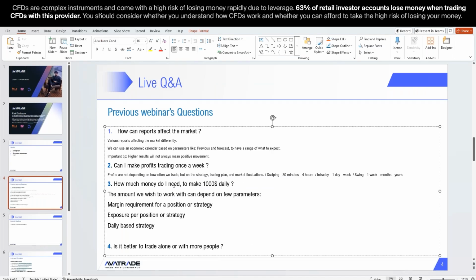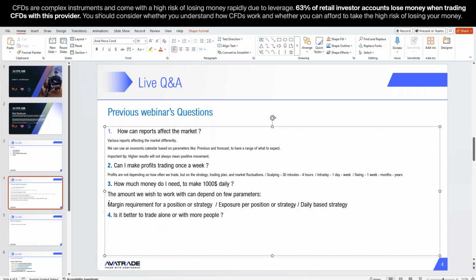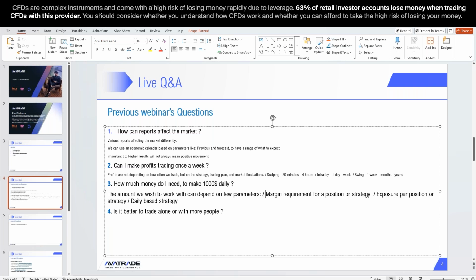Okay. How much money do I need? The amount we wish to work with can depend on a few parameters. Margin requirement for a position or strategy, exposure per position or strategy, and daily based strategy. Okay, those parameters are things that I can acknowledge to determine which amount I am going to work with. Of course, I can work with less.